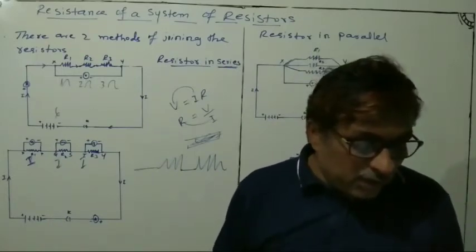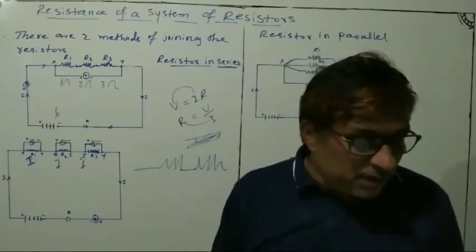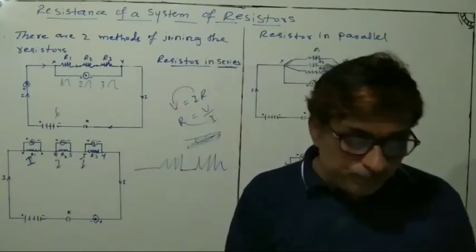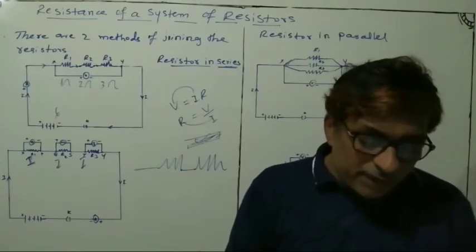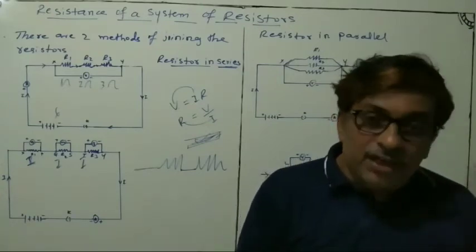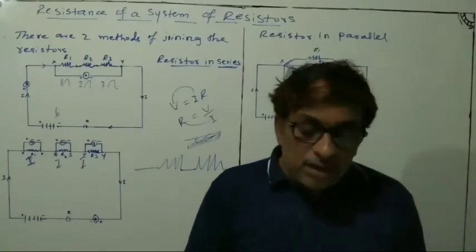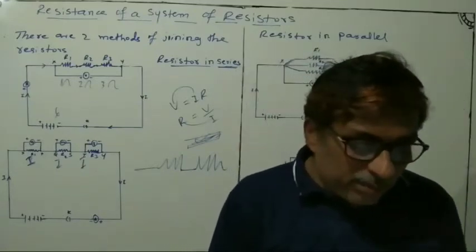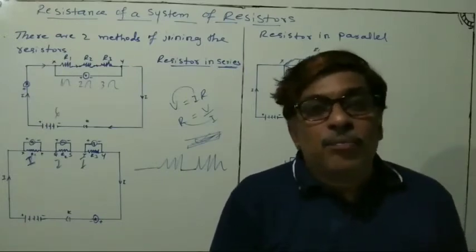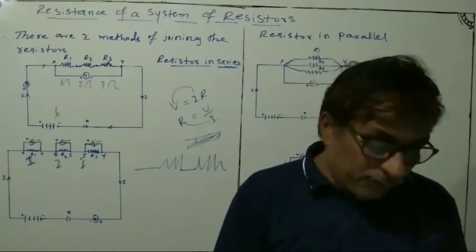You have to find the potential difference and also R1, R2 and R3. The current will be the same, but the V value and the resistance R will be different.